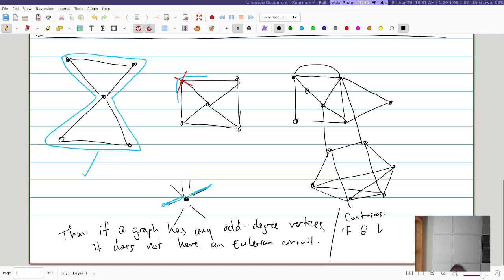If G has an Eulerian circuit, every vertex has even degree. I really should put that these are logically equivalent, right? Okay, so let's look at this graph here on the right.